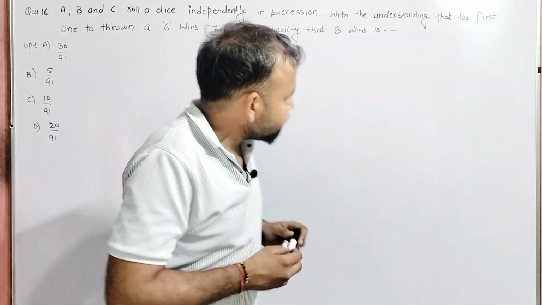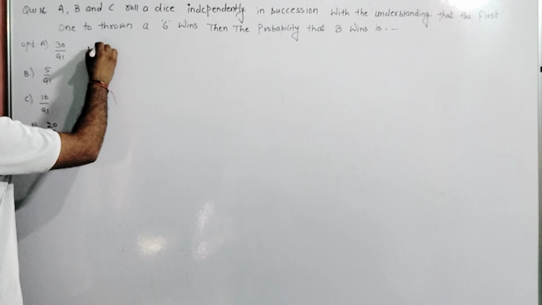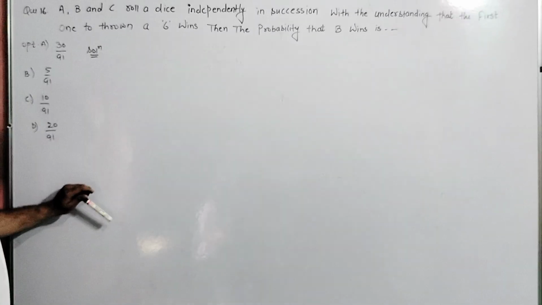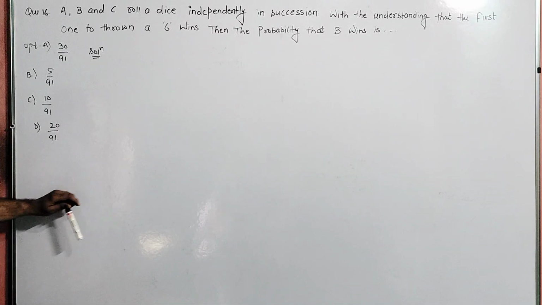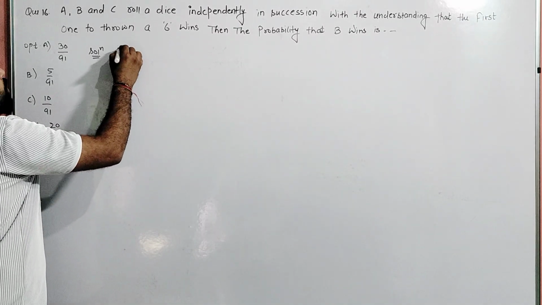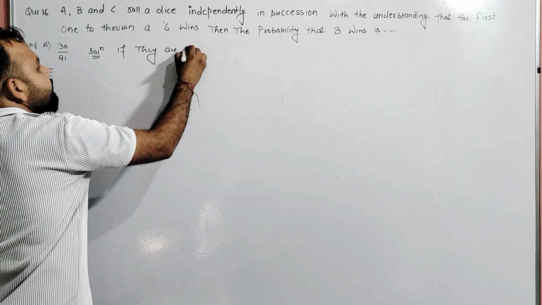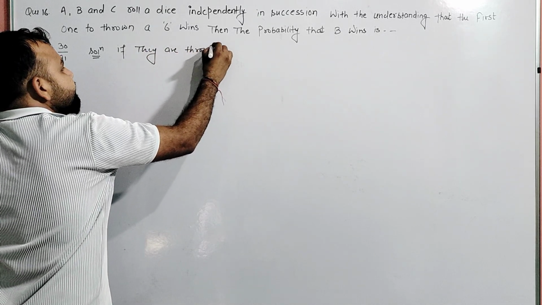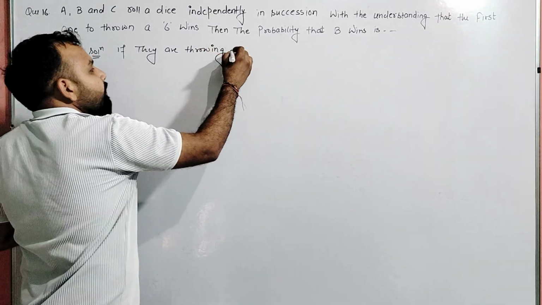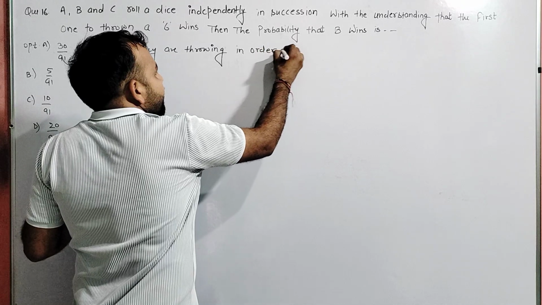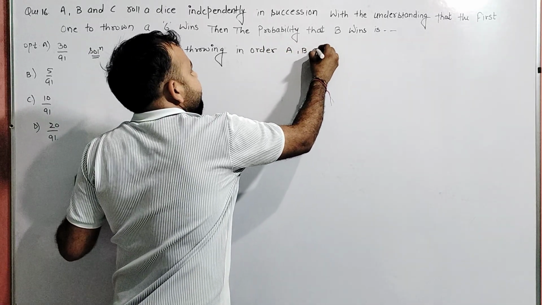So in this question, first of all, we are going to maintain an order for throwing the dice: A, then B and then C.